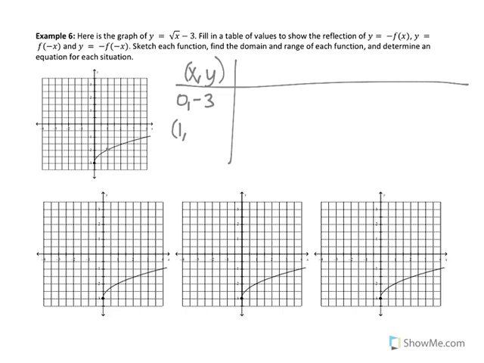That looks like a good point, 1 and negative 2. And we've got the point, like right there, 4 and negative 1. We'll use those as our lattice points.